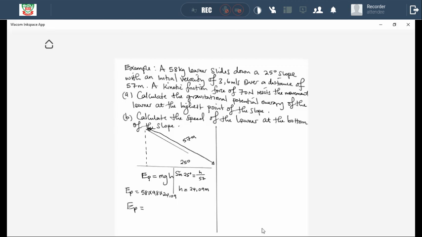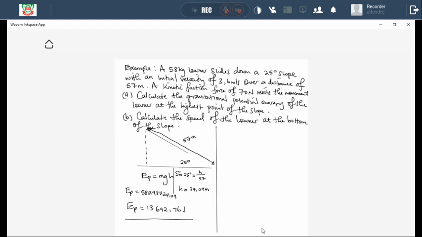You get 13,692,76 joules. So this is the gravitational potential energy at the highest point of the learner. Right, we're done with the first one.